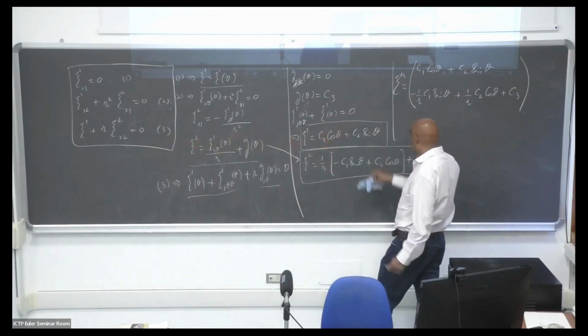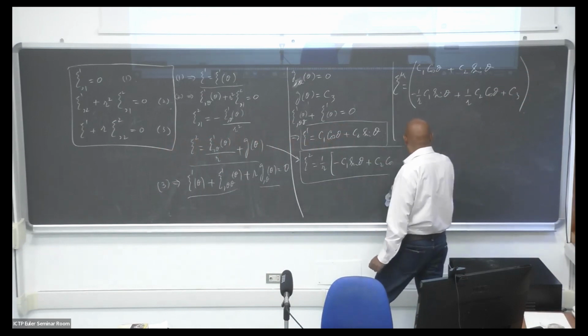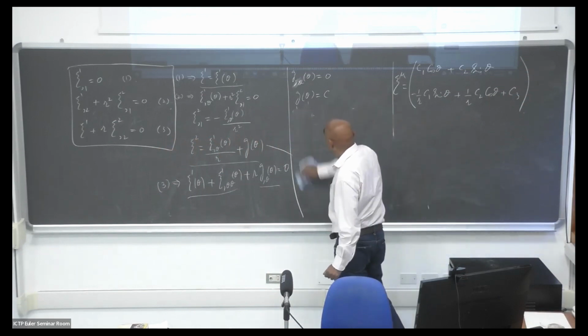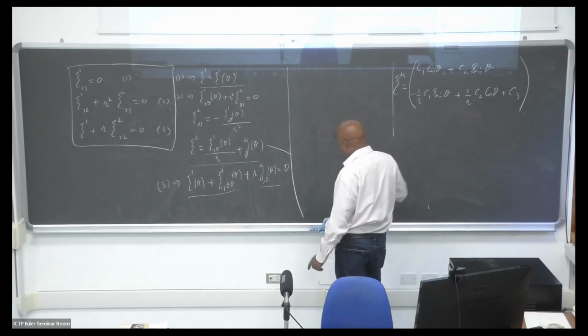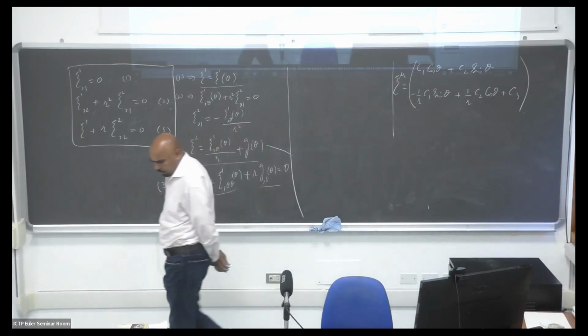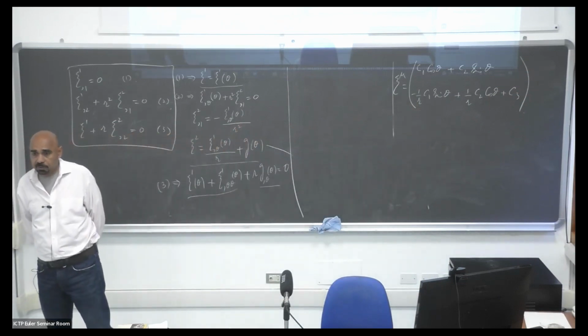I can erase this one. So the generator for this very simple example: these are three parameters with three constants involved, C1, C2, and C3.